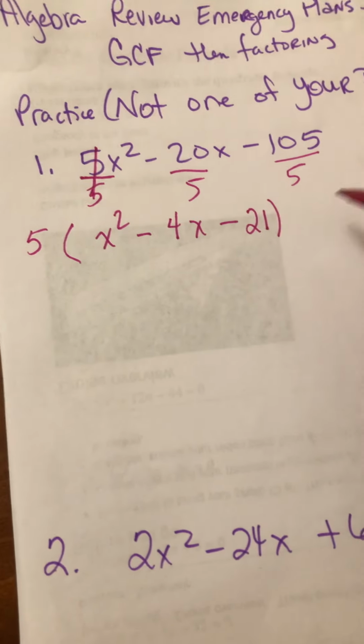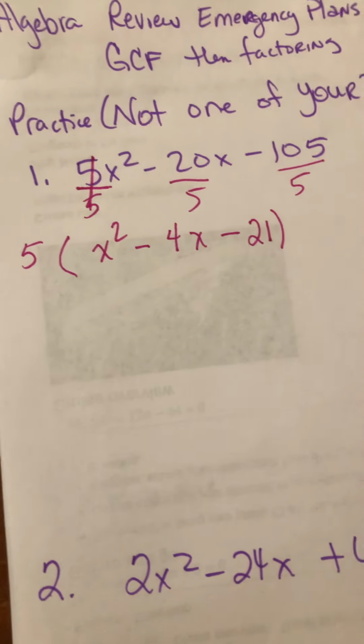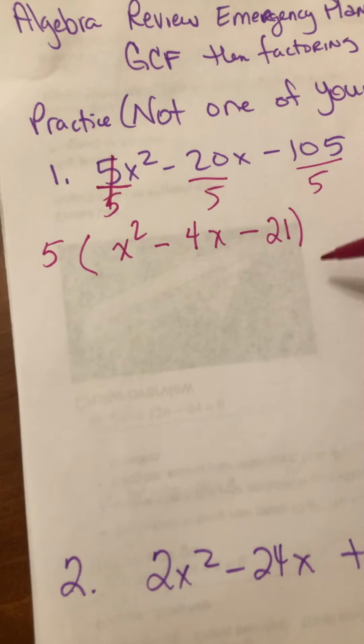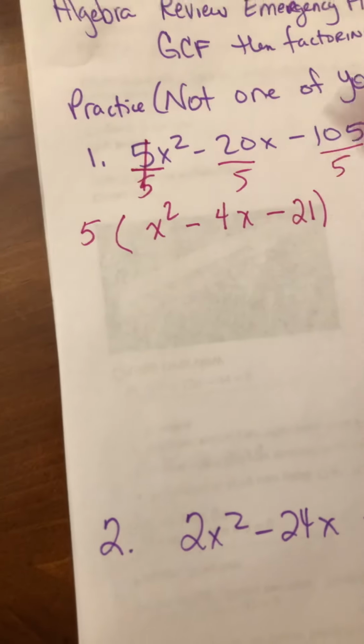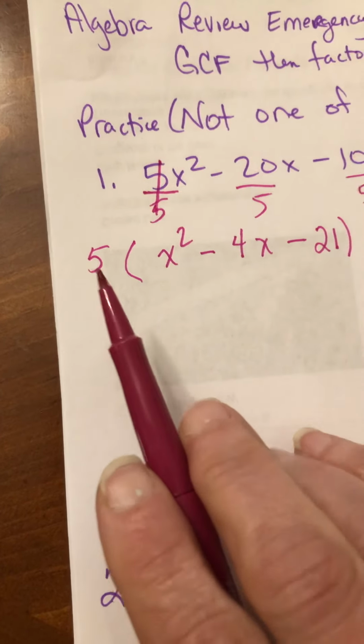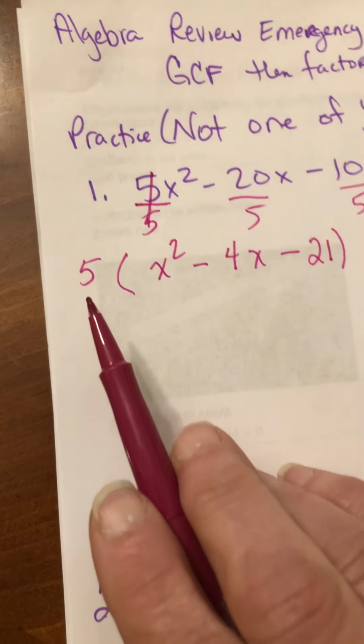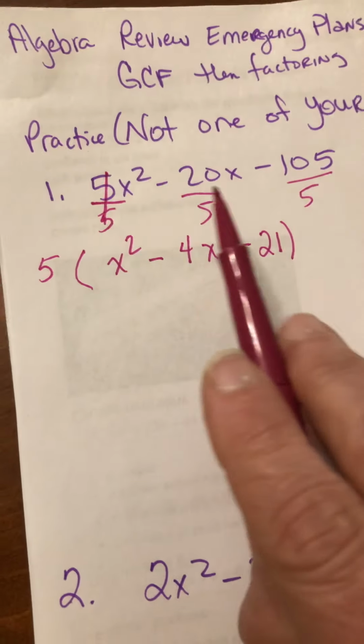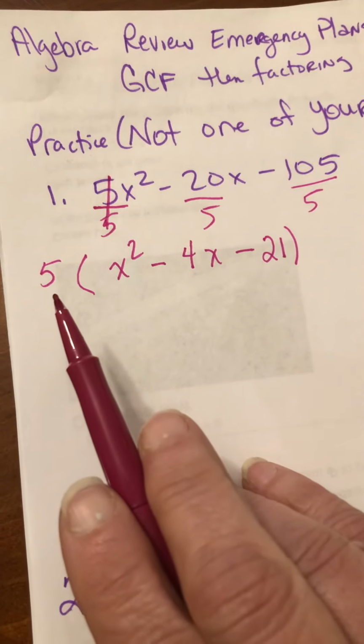If you need to, you can use your calculator, or you can do long division, however you want to see if it works, whatever you've got to do. All right, so now we've got this 5 out front. Don't lose that 5. That 5 is part of the answer. In order to have the factored form of this, you must include this 5 out here.